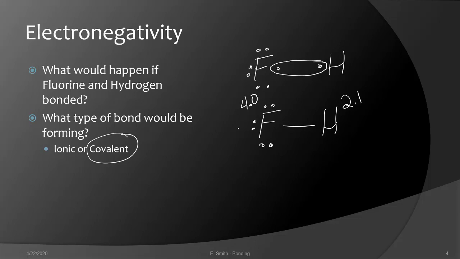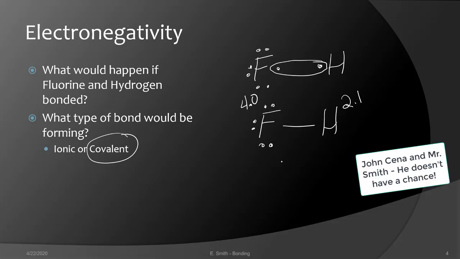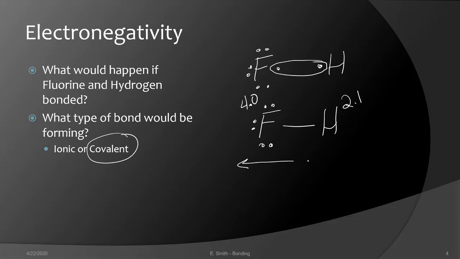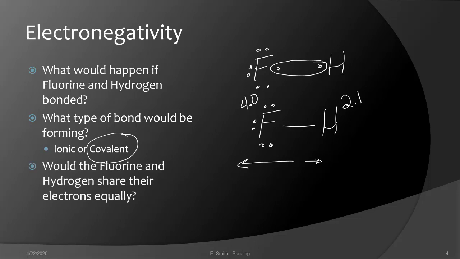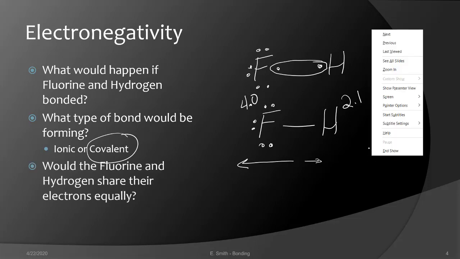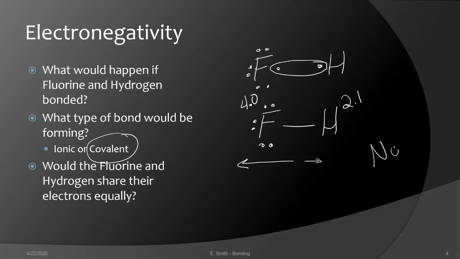And so the idea is, ladies and gentlemen, this would not be an even tug-of-war battle. There would be a lot more force pulling the electrons towards fluorine and a lot less pulling to the hydrogen. So therefore, the question is, would the fluorine and the hydrogen share the electrons equally? And the answer would be no, ladies and gentlemen. They would not be sharing their electrons equally.